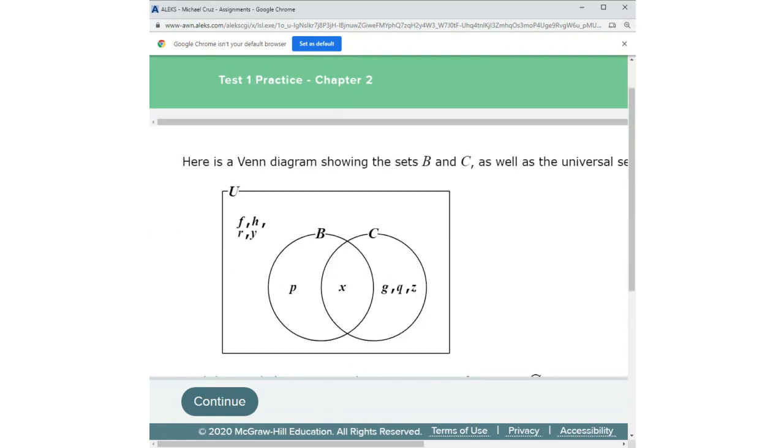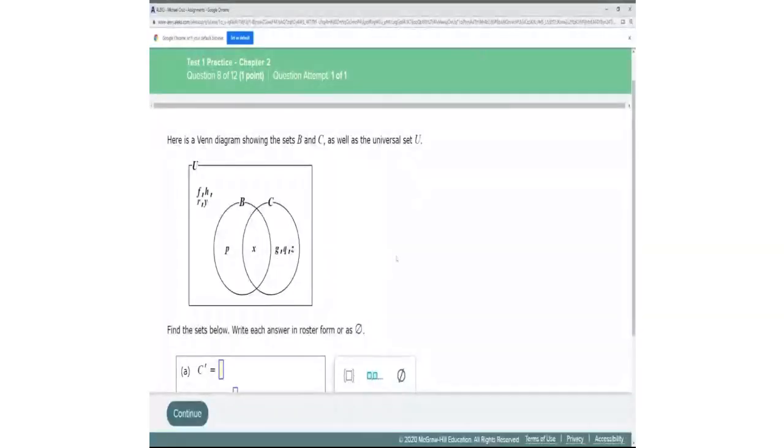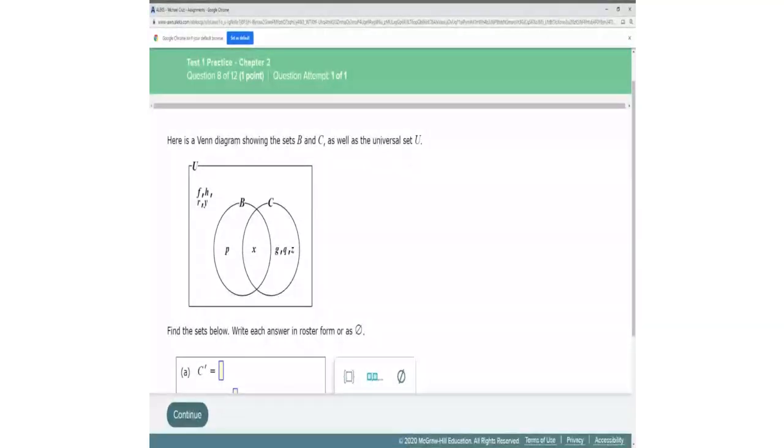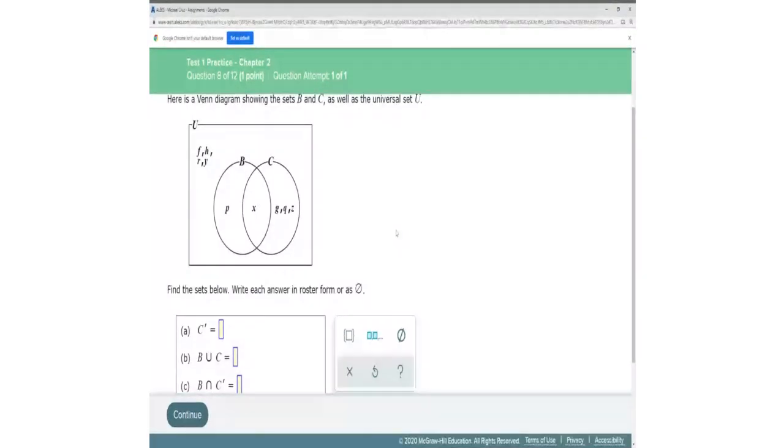All right, so now, this one is coming from a Venn diagram. Sometimes these are easier, but again, it helps to be able to write them out.